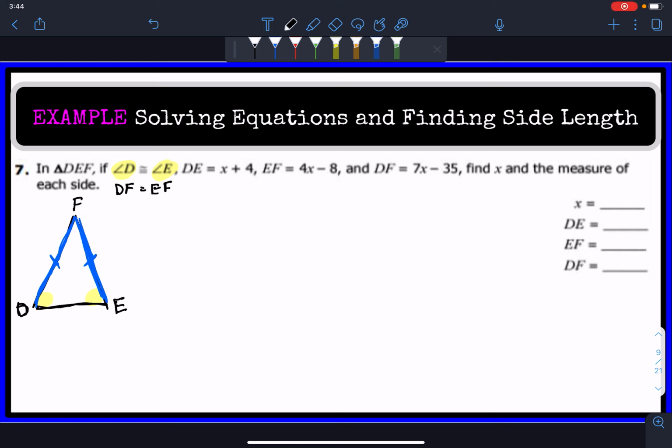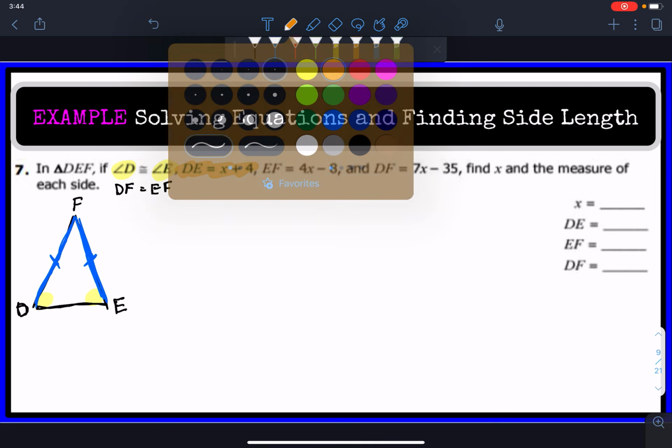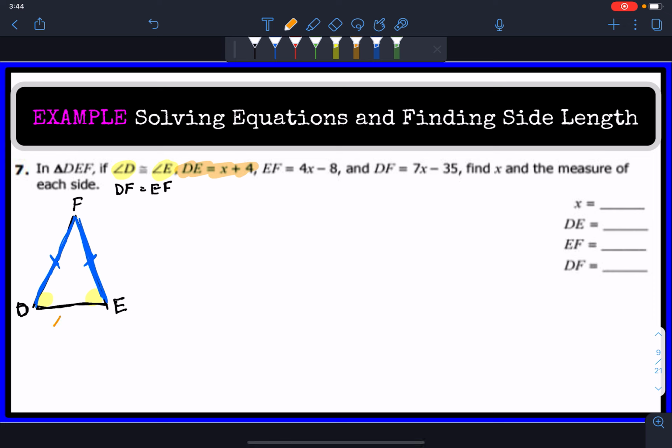Well, DE is x plus 4. So from D to E, that's x plus 4. E to F is 4x minus 8.